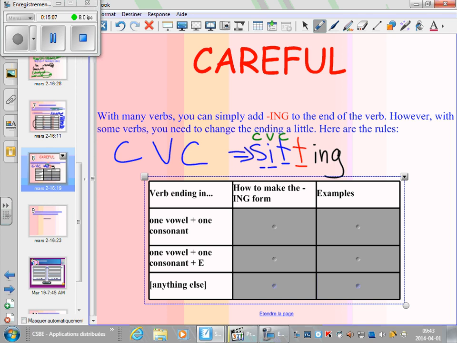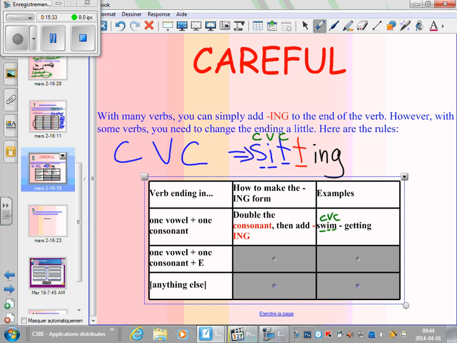All right, we're going to continue. Okay, so one vowel plus one consonant, how to make the ing form. So basically, it's just explaining double the consonant, then add ing. It's the same thing as what I said. Swim, for example, you have S-W-I-M, which is consonant, vowel, consonant.